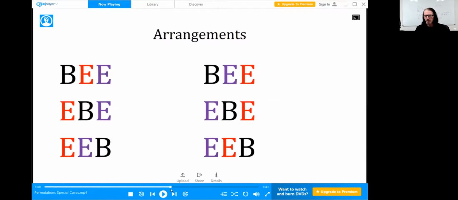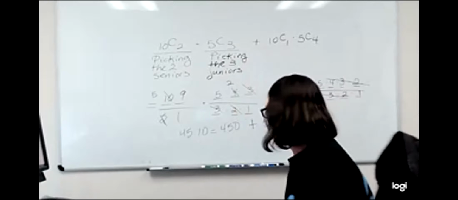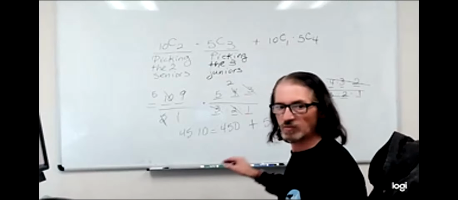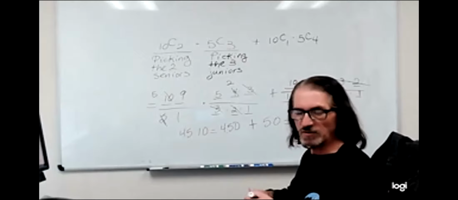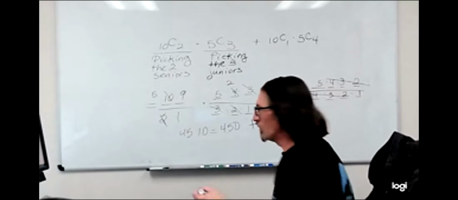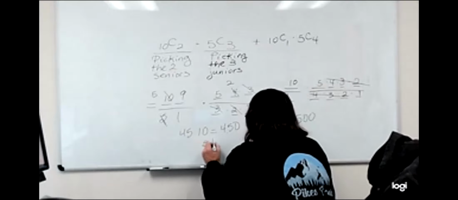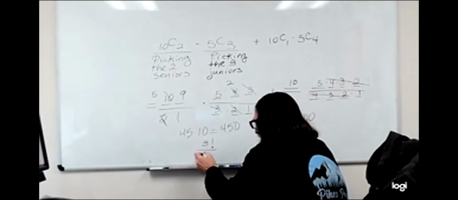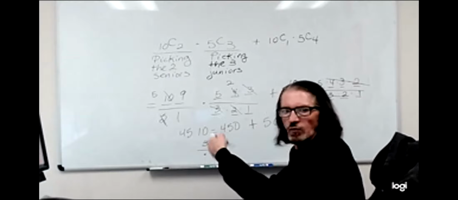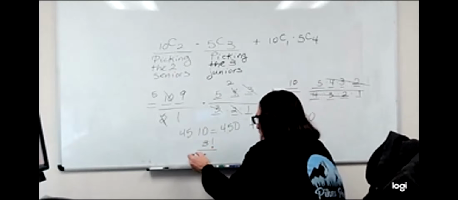So the idea here is if we cannot distinguish between some of them, what you would do, similar to how I explained going from permutations to combinations, we were dividing out the order. Here, we would do 3 factorial divided by the product of, we had a total of 3 objects. 2 of them, we could not tell the difference.